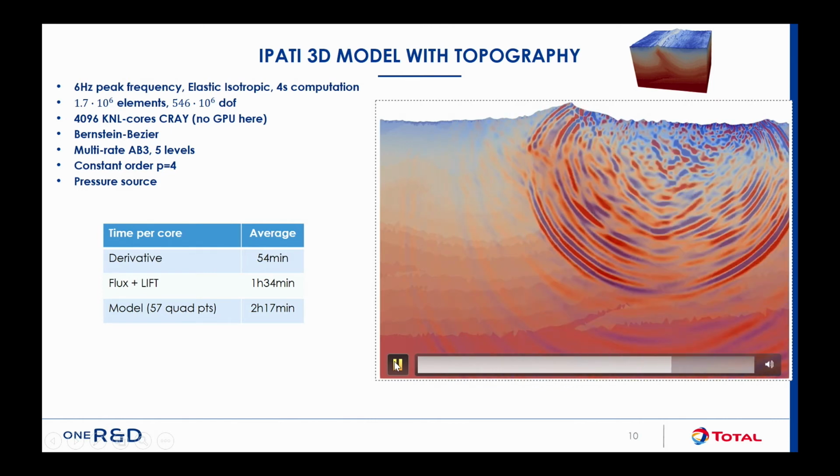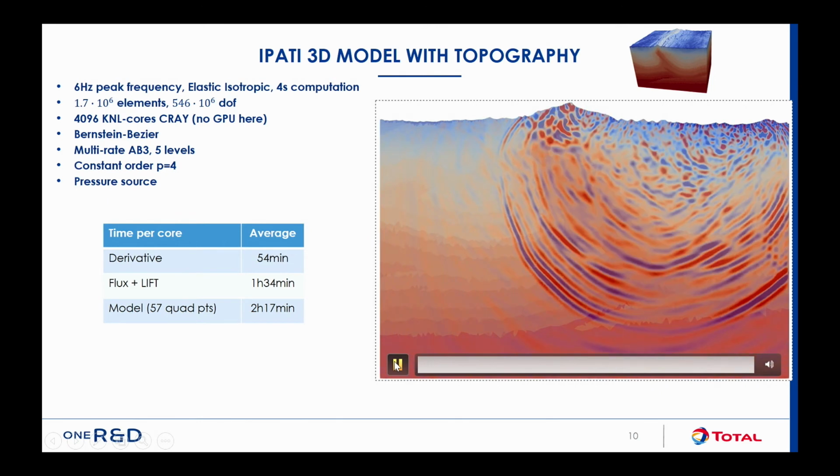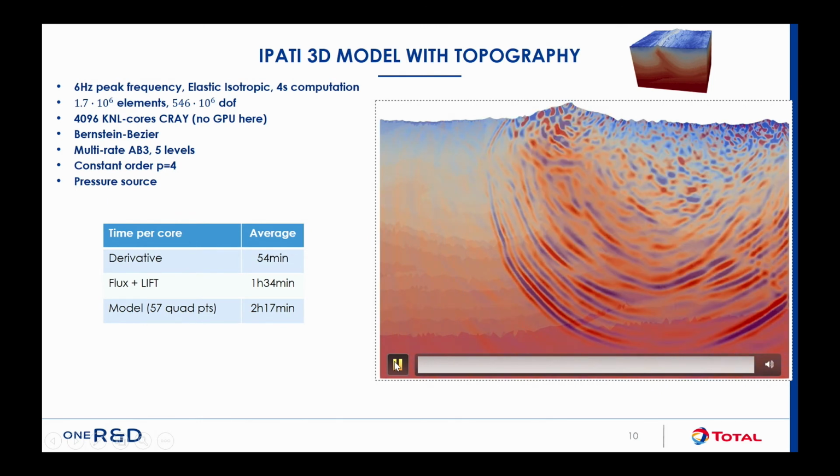Here I just compute for 4 seconds on very many cores. We use Bernstein-Bezier, multi-rate time stepping with 5 levels. And we use constant order in this case, and the pressure source.